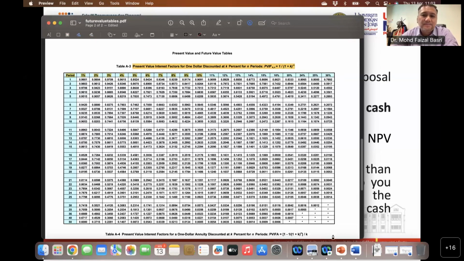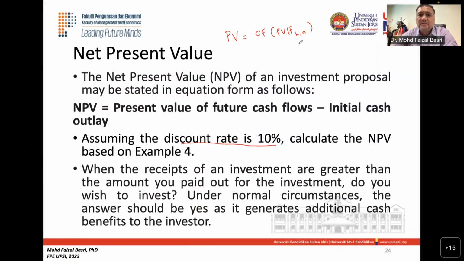So now, the tedious part of calculating NPV, if you don't have financial calculators, because this is a formula, right? Let's see, bear with me.